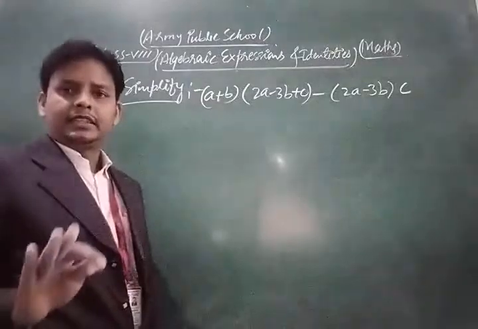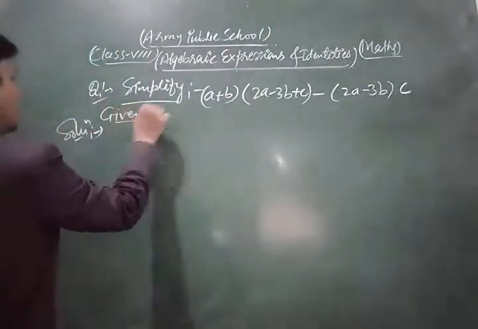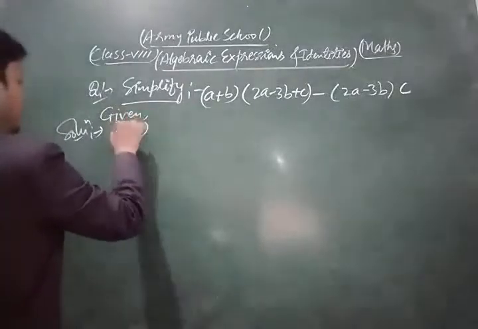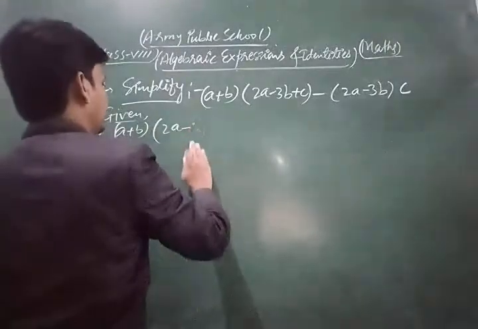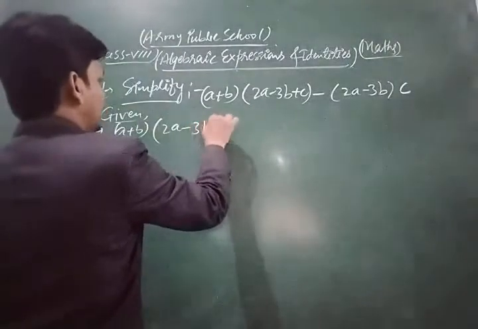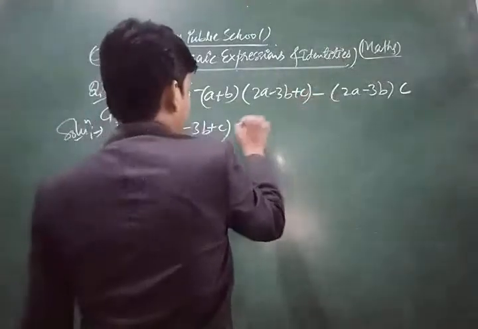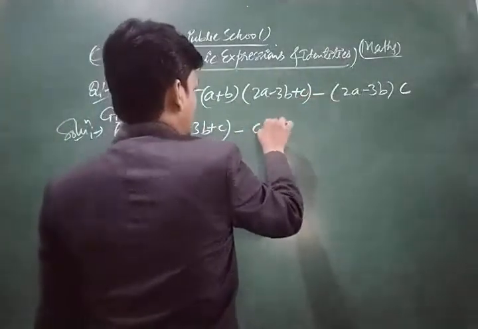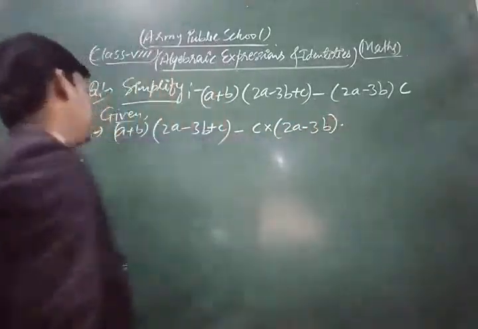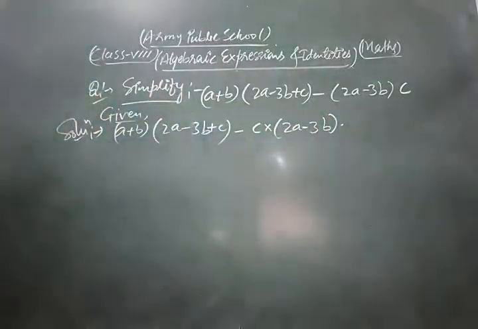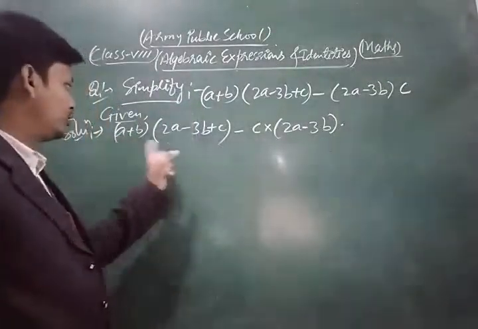First of all, we write the given expressions. So first of all, given (a plus b) in one bracket, (2a minus 3b plus c) in another bracket, and this is minus, as it is, c into (2a minus 3b). Now we multiply these expressions. So first we write a into the whole expression.